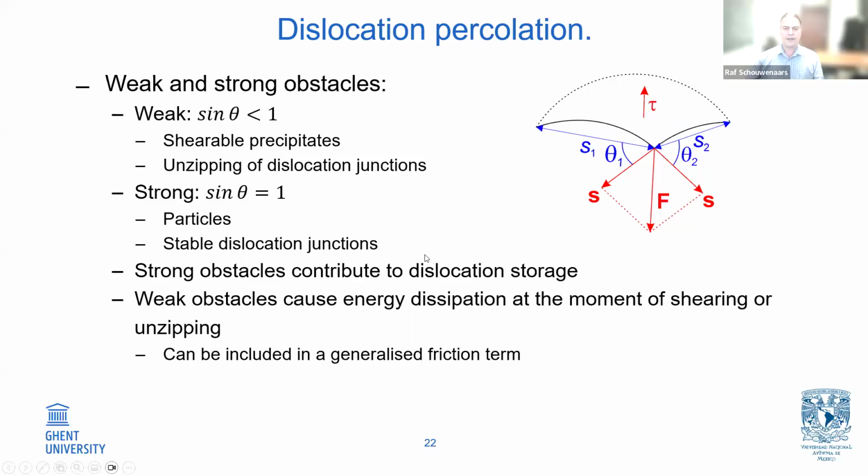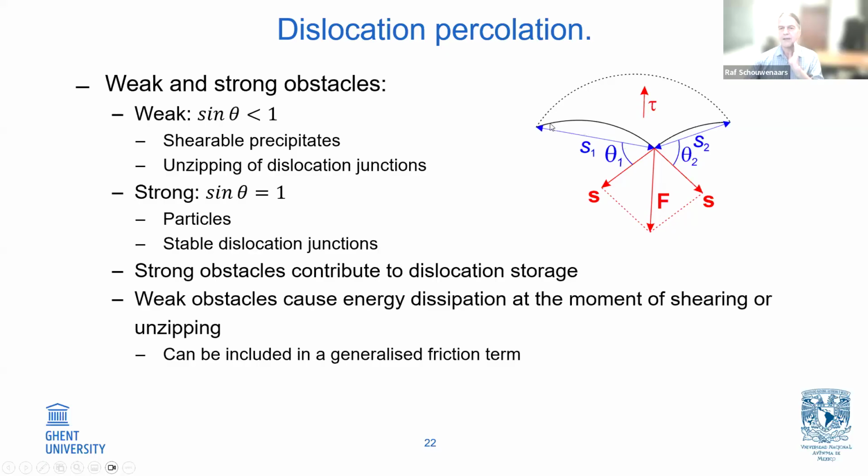So we can also put in weak and strong obstacles. Weak ones can be shearable precipitates or the unzipping of dislocation junctions. Strong obstacles would be particles and stable dislocation junctions. And the strong obstacles will contribute to dislocation storage. The weak obstacles will just unzip. We've got here the image.